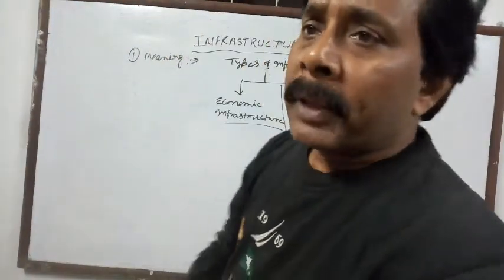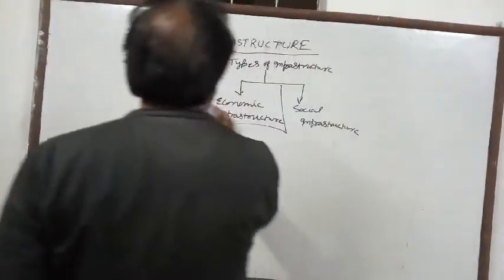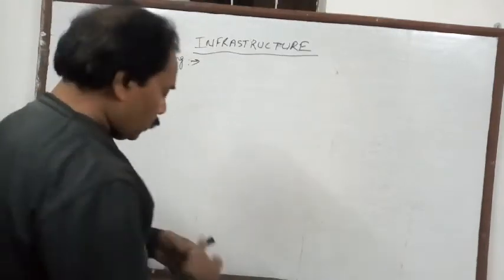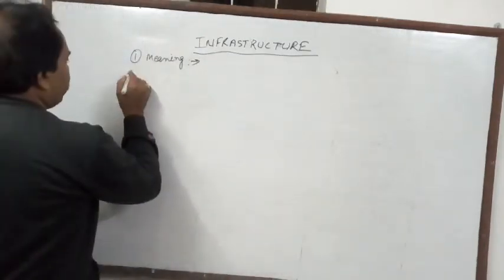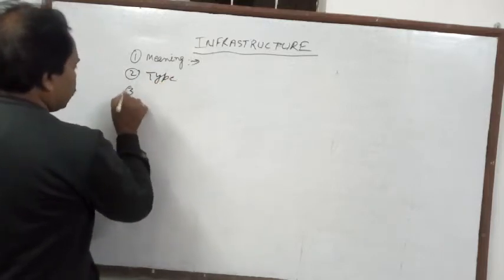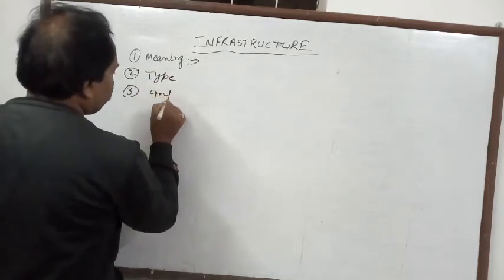Now the next part is the importance of infrastructure. So second was the type, third is importance.